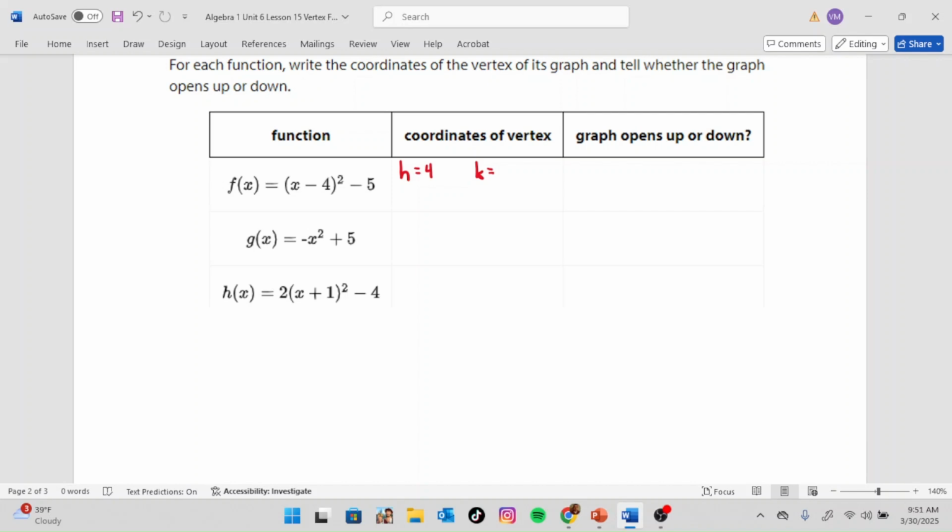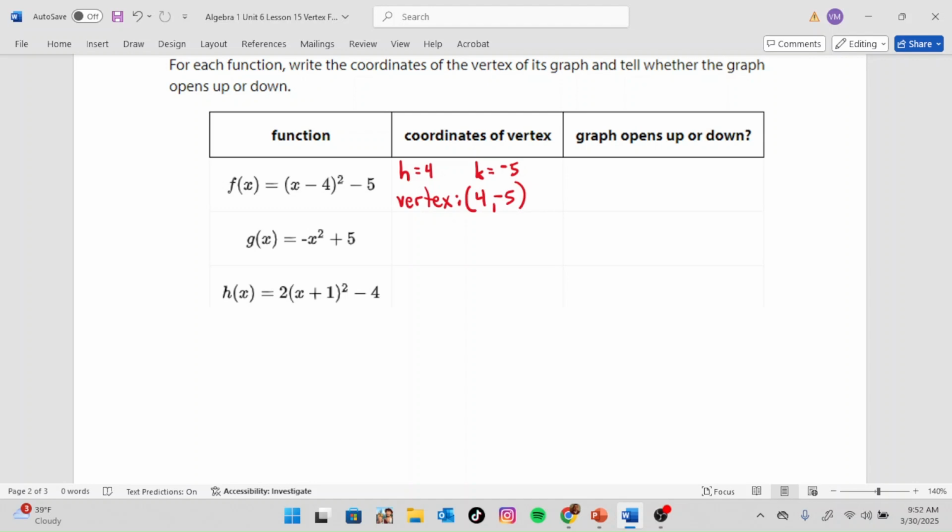It's plus k, so k must be negative 5 because plus negative would be minus. So k is negative 5. That means the vertex is at the point 4, negative 5.